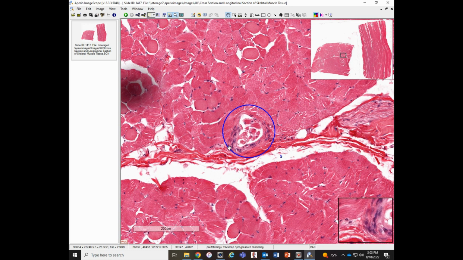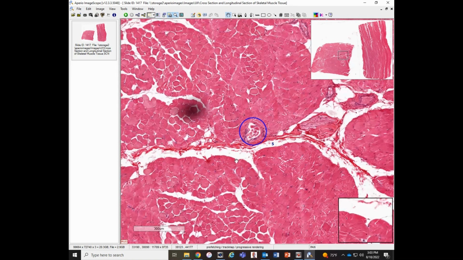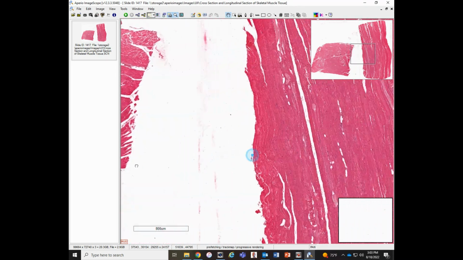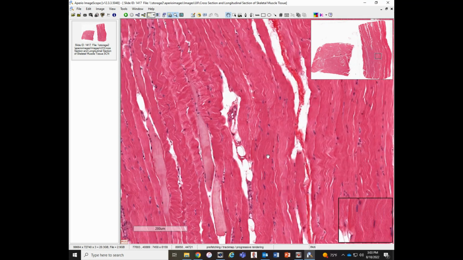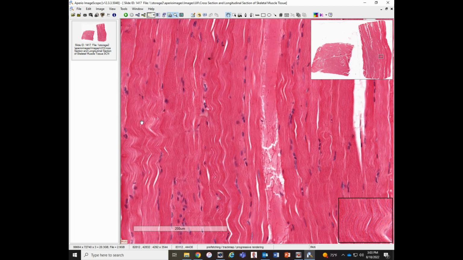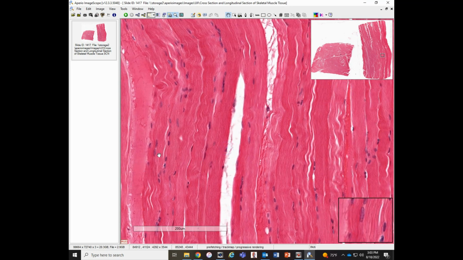This is called a muscle spindle fiber, and it senses the amount of stretch by this muscle and can adjust the tone of that muscle accordingly. We got a nice big perimysial layer of connective tissue right next to it, but this right here is a muscle spindle fiber. Now let's take a look at this cross section of muscle, and we'll zoom in somewhat at random here.